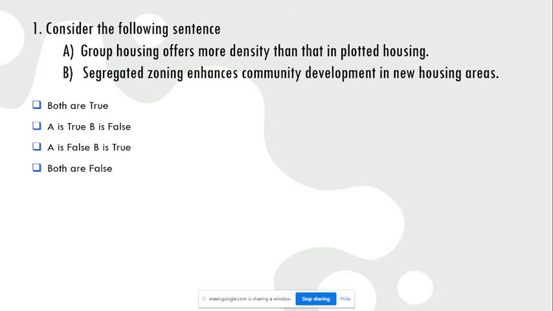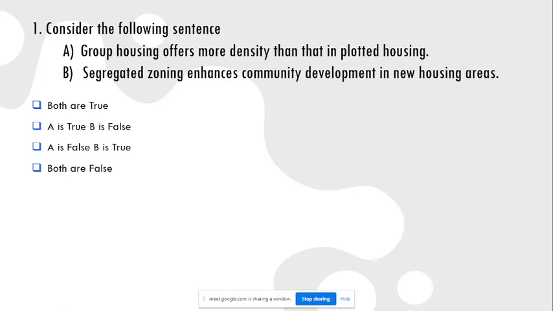The first one is that we discussed that group housing actually offers more density than plotted housing, because of the provision of a large number of units within the same amount of area. Consider an example of 4,000 square meters of area available for plotted housing and group housing.